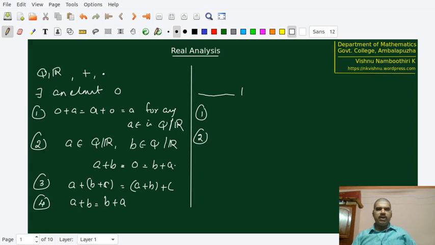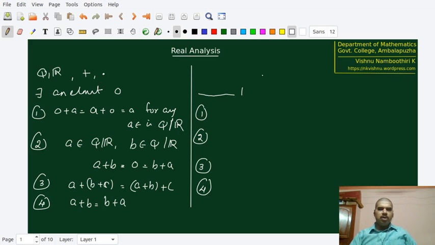So the extra thing we have to add here is that we have to take a to be non-zero for finding b such that a · b is equal to 1. The third condition is similar: a · (b · c) = (a · b) · c. The fourth condition is also similar: a · b is the same as b · a. All these conditions hold in Q and R.